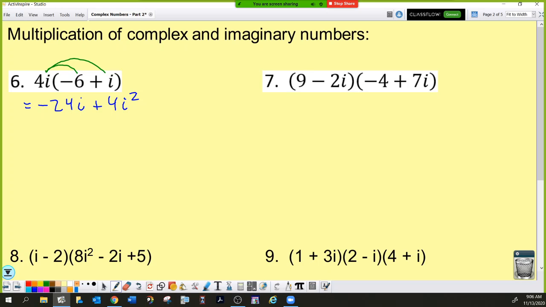You guys told me i squared is negative 1. So this is negative 24i plus 4 times negative 1. That says negative 24i minus 4. This answer is not correct because it is not in standard form. It's the wrong order. It must say negative 4 minus 24i. Now it's correct.